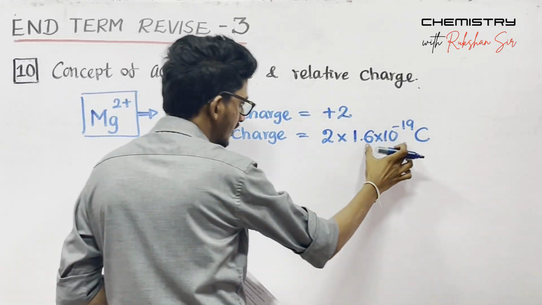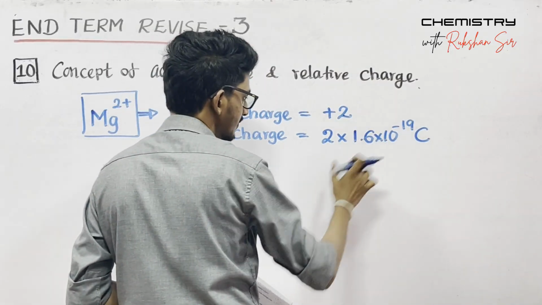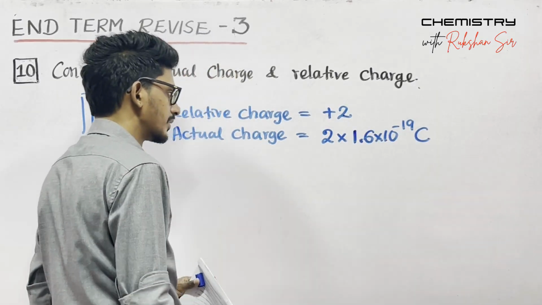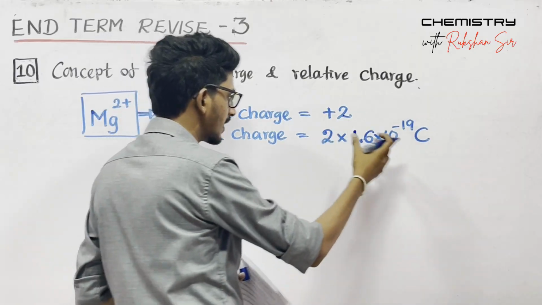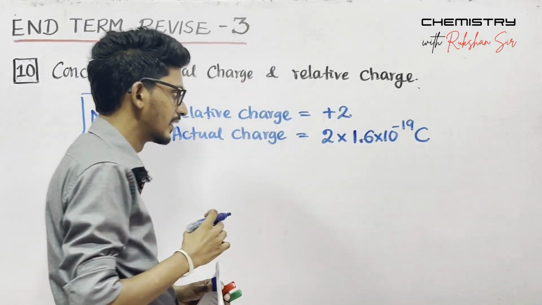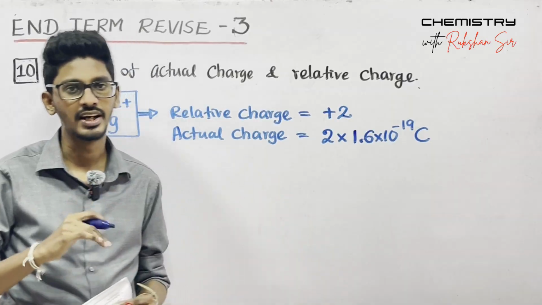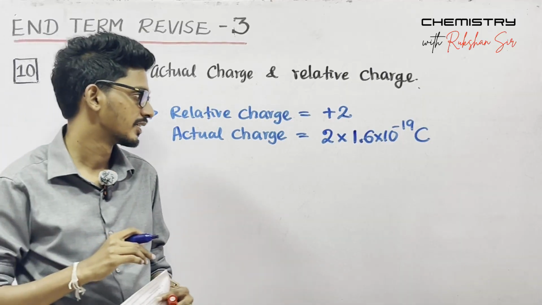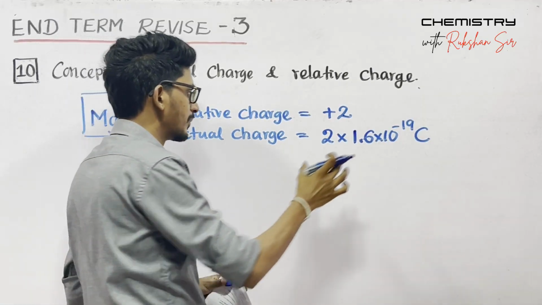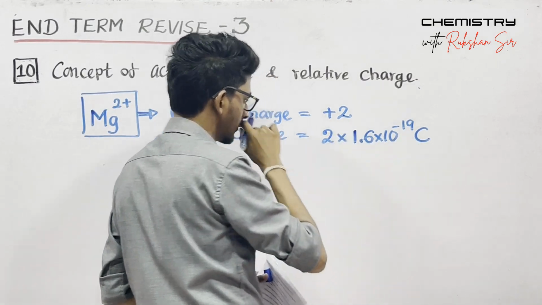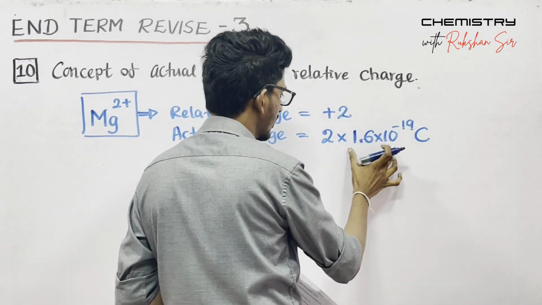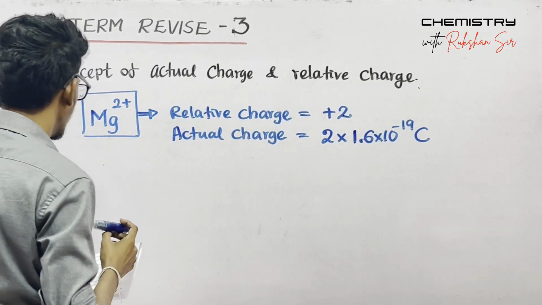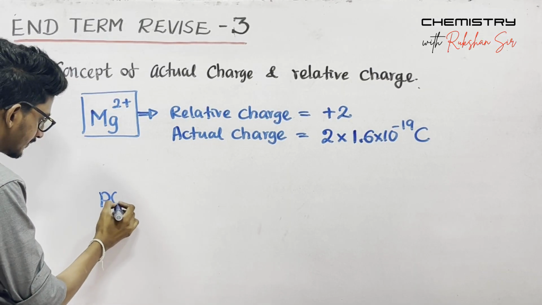So protonic charge is 1.6 into 10 to the power minus 19 coulombs. Even the electronic charge is that. When it comes to coulombic charge, you don't have positive or negative signs. Such two protons are in excess, so the actual charge of magnesium 2+ is this. Right? So let's come up with the PO4 3-.